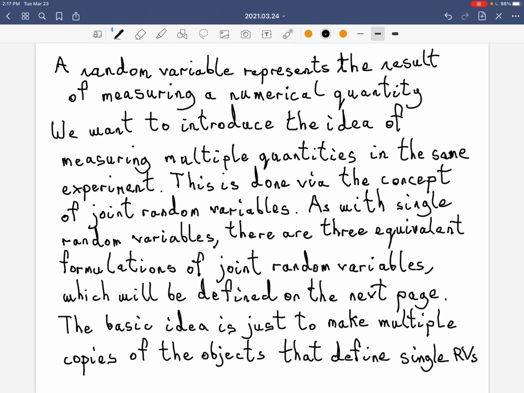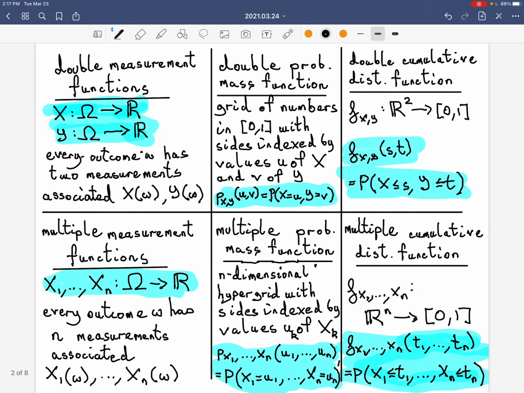And the basic idea is just to make multiple copies of the objects that define single random variables. So we'll first discuss discrete random variables, because that's what you should always do. And we had measurement functions, probability mass functions, and cumulative distribution functions, which were three equivalent definitions of discrete random variables. And so we want to get three different versions for joint random variables as well.